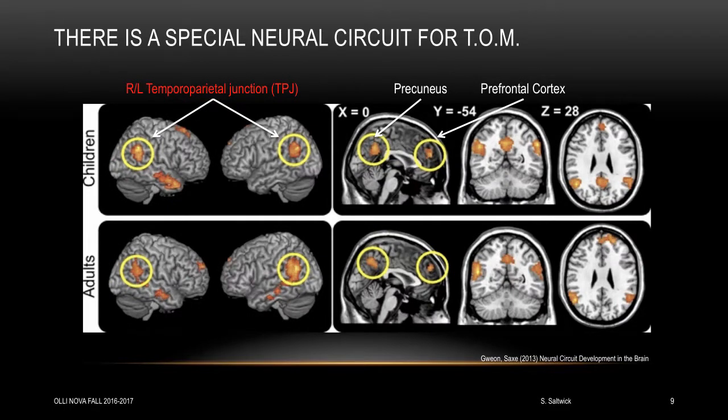Now, if we scan the brain during the performance of false belief tasks, we can see the activation of a specific brain circuit shown here in the slide. The top row shows scans from children 5 to 12 years old, and so therefore they would correctly answer in the false belief test. The bottom row shows brain scans from results.